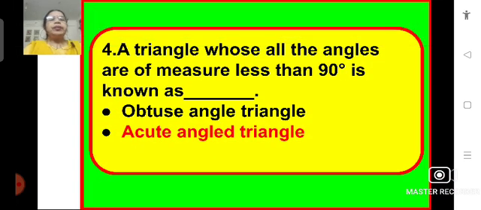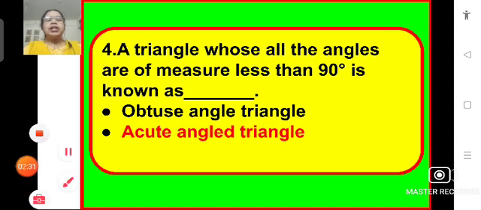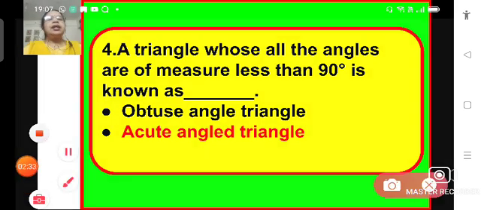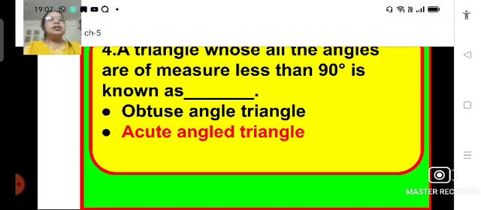Next question, a triangle whose all the angles are of measure less than 90 degree is known as obtuse angle triangle, acute angle triangle. We know that a triangle which has all its angles less than 90 degree is an acute angled triangle. So acute angle triangle is the correct option for this.